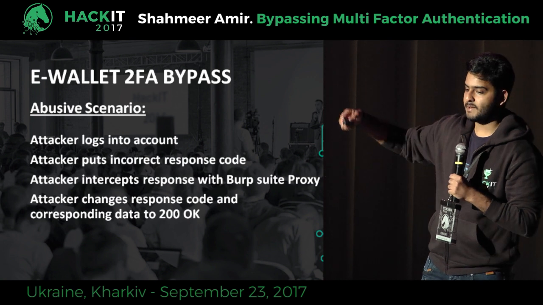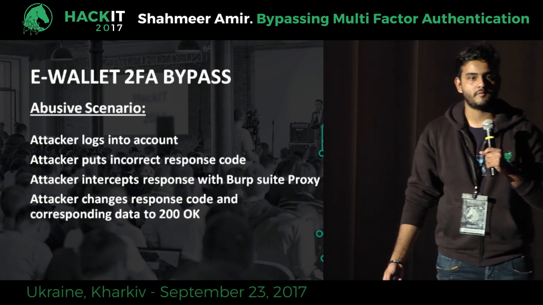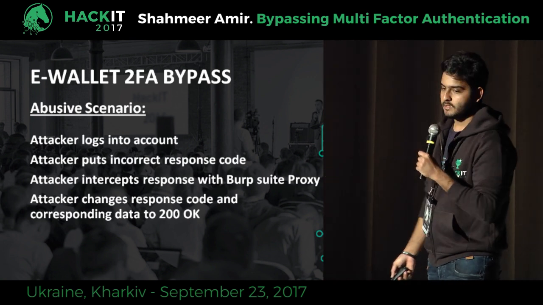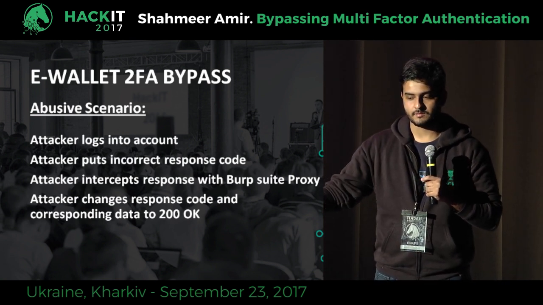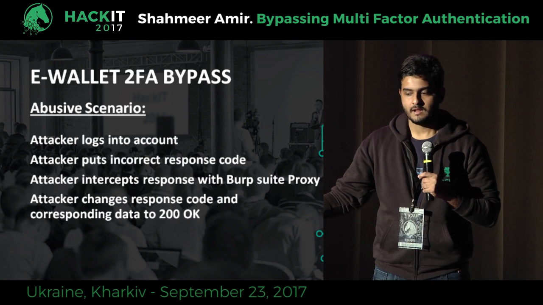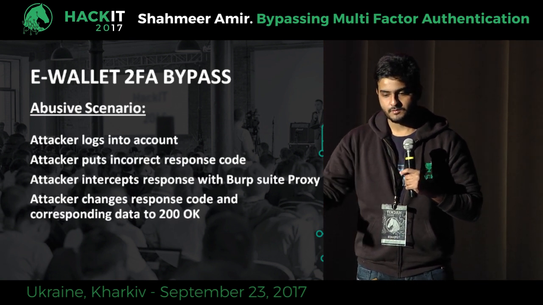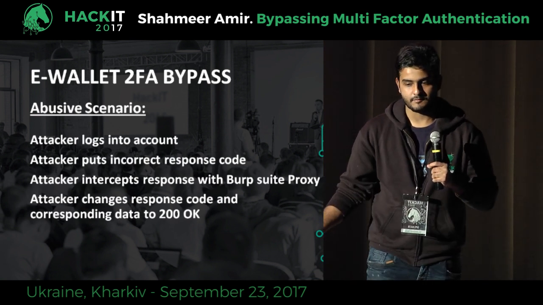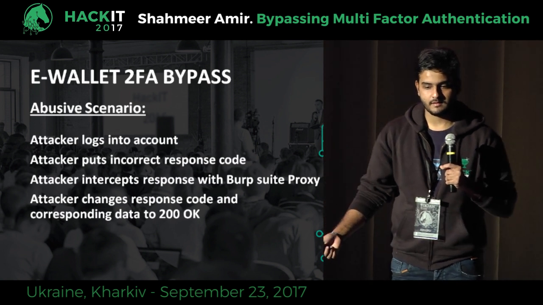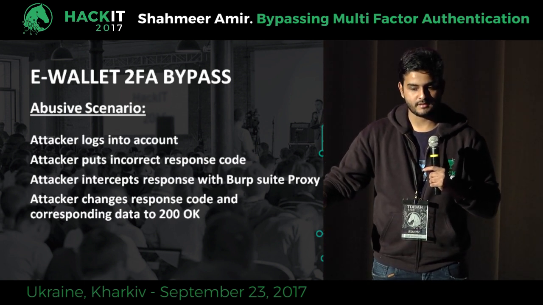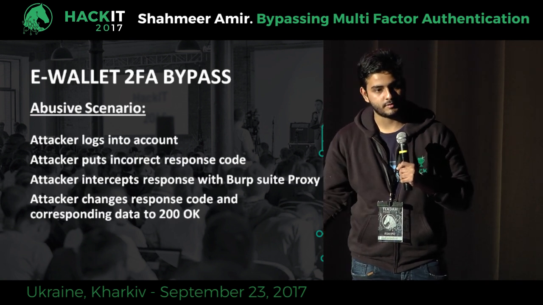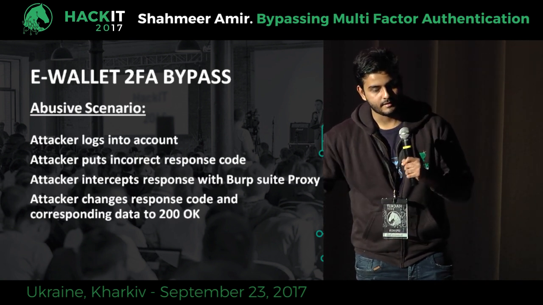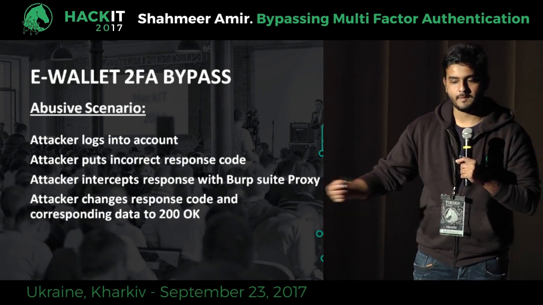And we could easily bypass the second form of authentication as well. As you can see, we don't know the PIN, so it's telling us that it's unsuccessful. Now, using Burp Suite, we intercept the response, and after intercepting it, we could replace the response with a valid response code, and using that valid response code, we bypass the 2FA in this e-wallet.